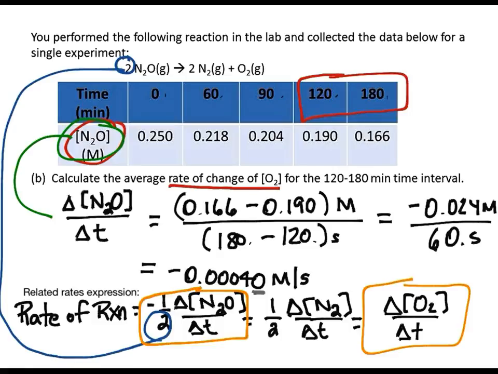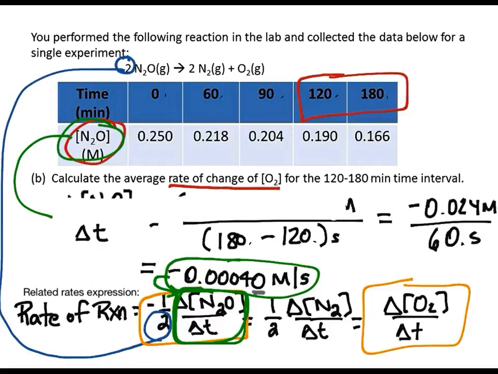That 1/2 is because of the 2. And we're going to combine these two, put them together in an expression. We're going to plug in negative 0.00040 molar per second for that delta N2O over delta T.